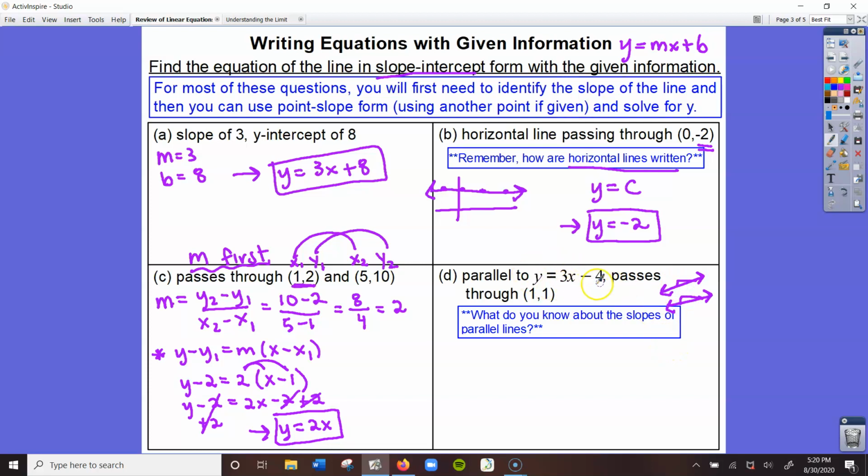So when we look at this equation, notice that this is in y equals mx plus b format. The slope of this line is 3. So that must mean that the slope of the line that we're trying to find will also be 3, because slopes of parallel lines are the same.